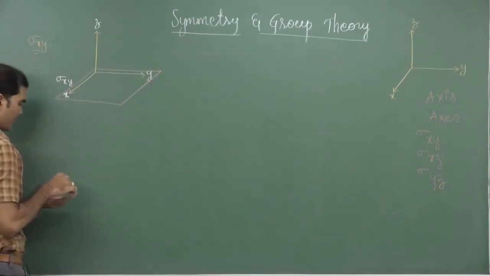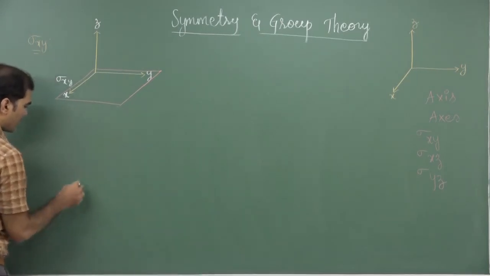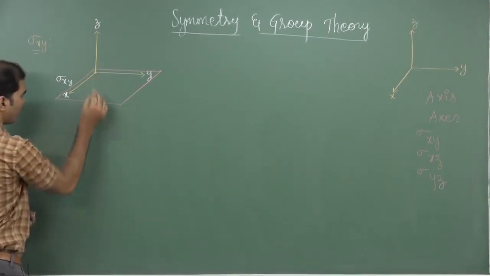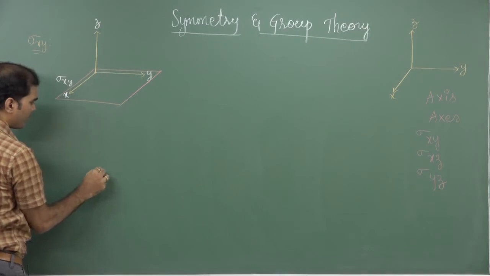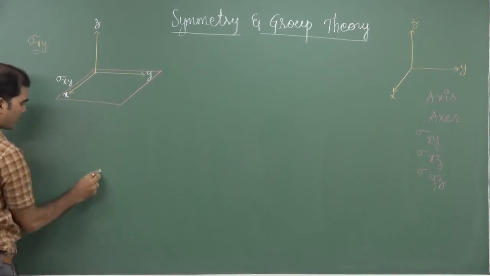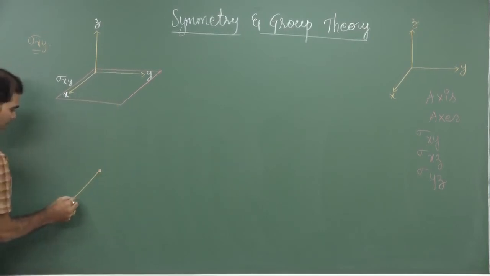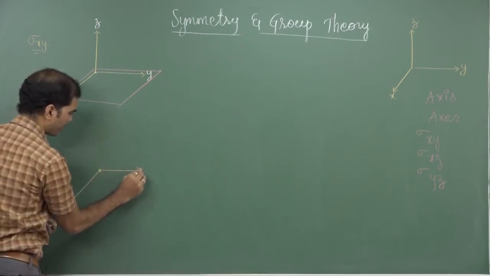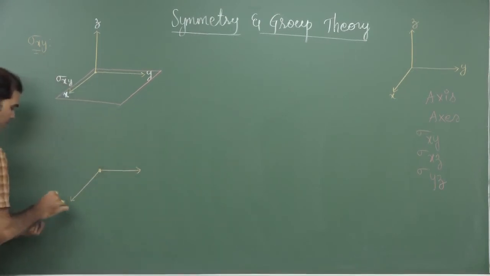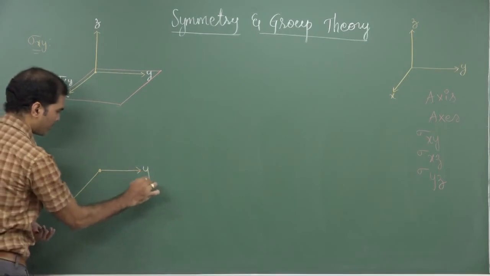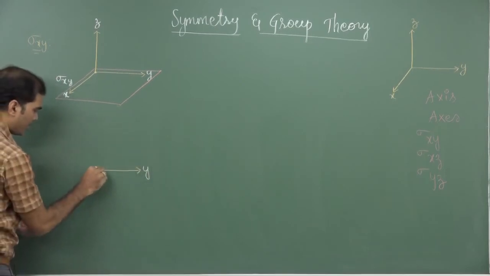So once I perform this, what is the resultant? We have a point. From this particular point, since that plane is passing through x and y, these x and y do not shift, but z will undergo a shift.